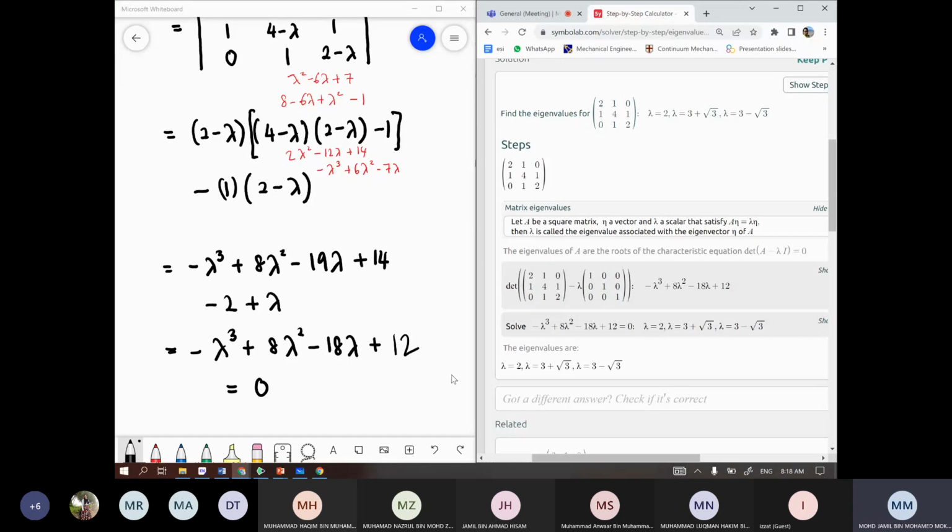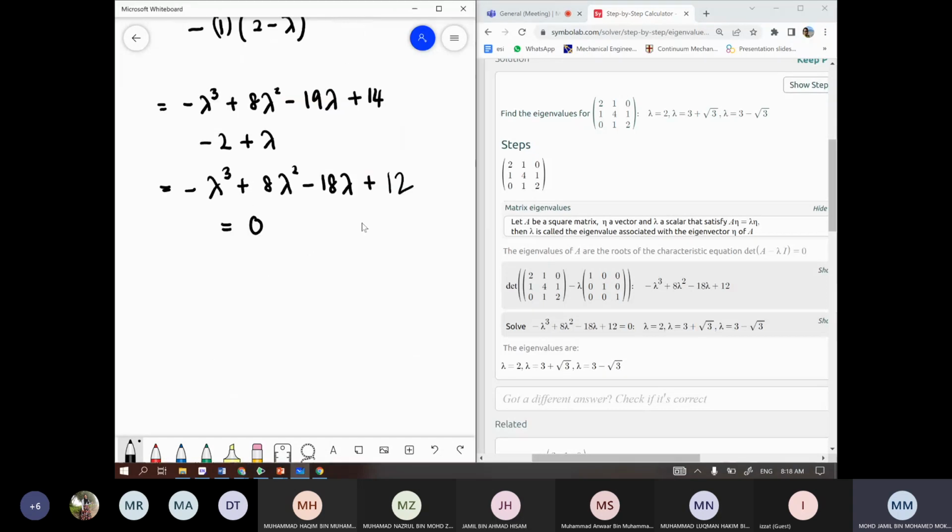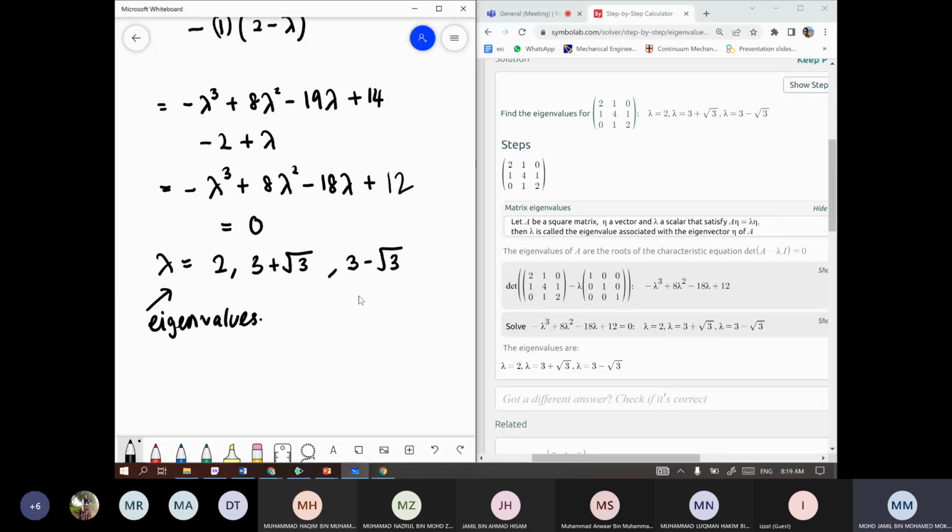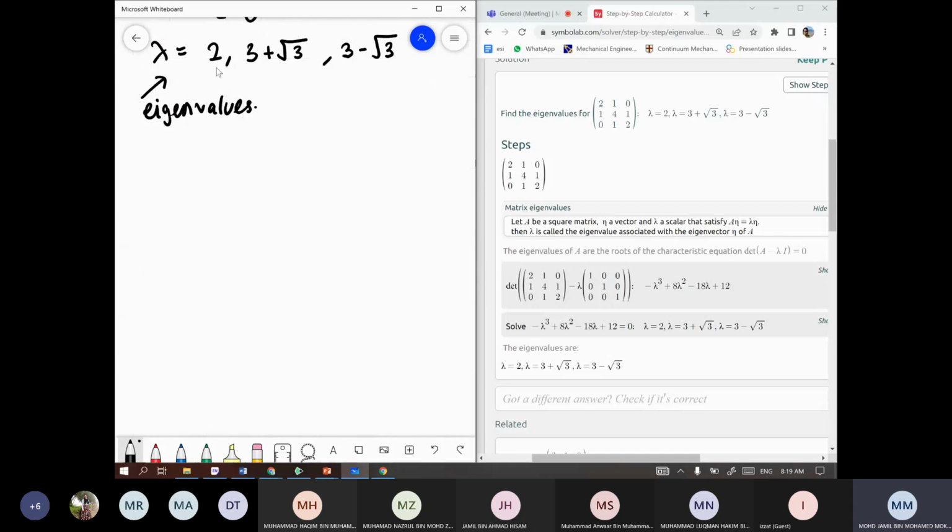So you will end up with 3 eigenvalues. Okay, so these are the eigenvalues. Then you can find the eigenvectors from each of these eigenvalues.